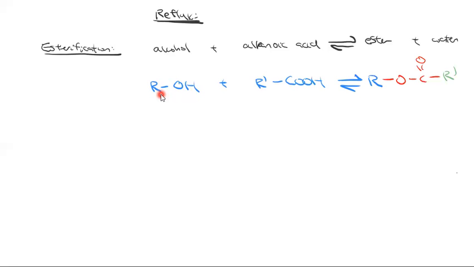So this is the green part, and this is the blue part. And then you're going to have water left over. So remember, pay attention to the functional groups. This is what makes it the alcohol. This is what makes it the carboxylic acid. And this here is what makes it the ester.